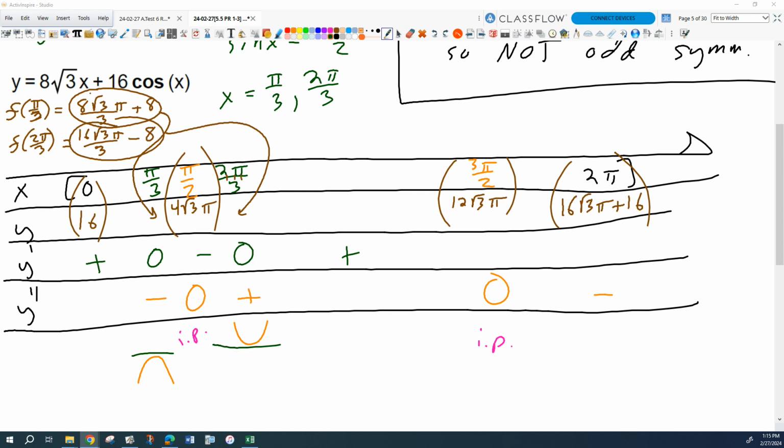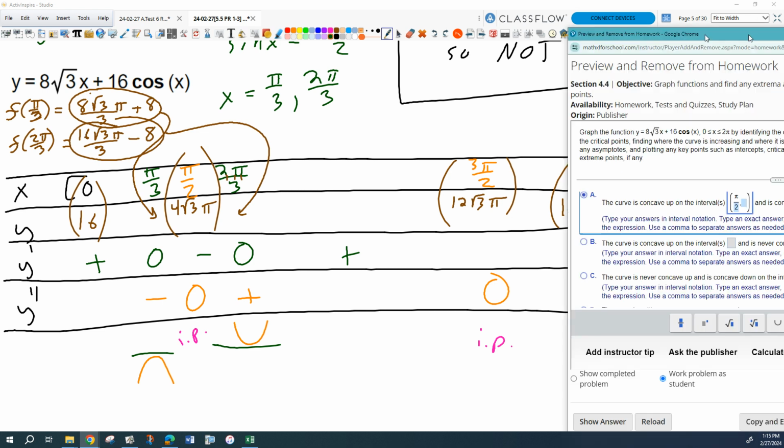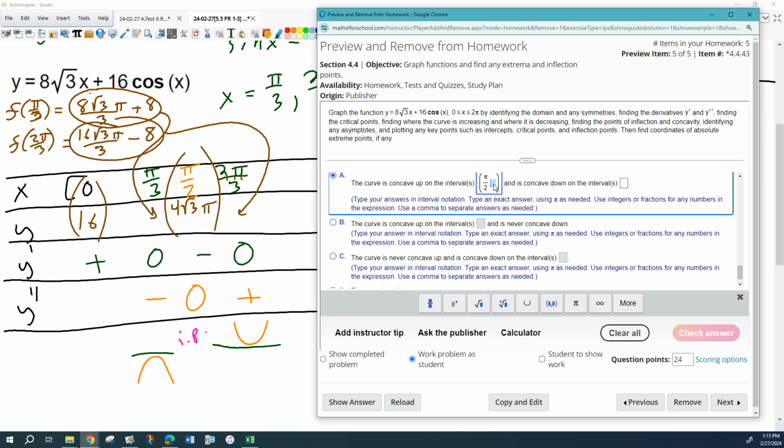You have to do both, right? 0 to pi halves and then 3/2 pi to 2 pi. Yep. This better be right. Oh, guaranteed. Yay, you're right.